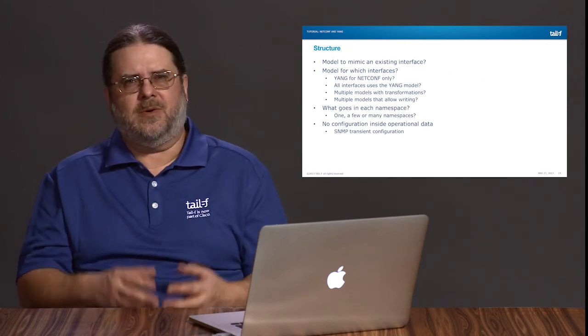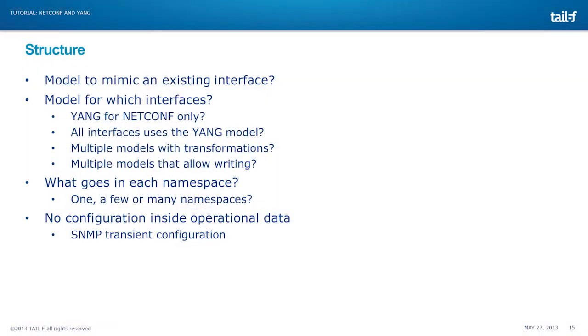Then you need to think about, how do you want to structure the data model? Do you want to just look at something and, say, mimic an existing interface? How do you want to model that interface? Do you want to look at existing structures you have in your code? Do you want to look at it from the data entry viewpoint? Will all of the interfaces use a common model, or do you have some differing types of interfaces that are special, that some might be augmented, some might really need their own implementation?